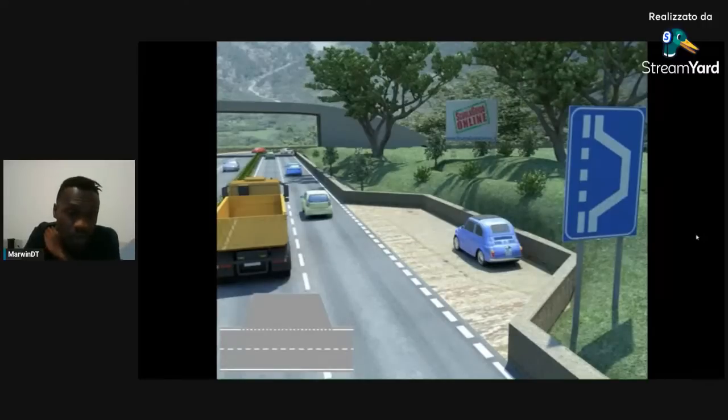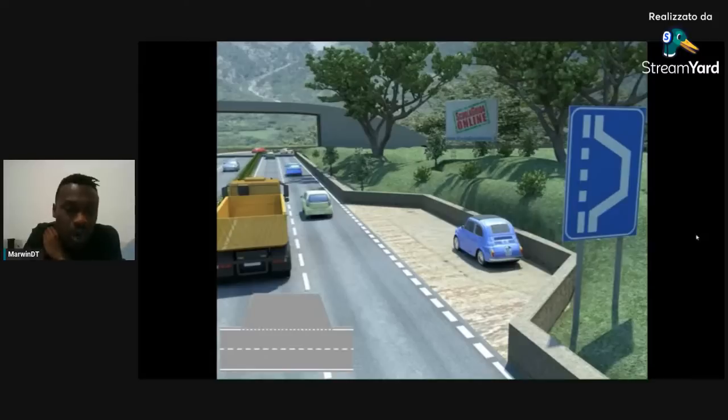Piazzola di sosta is where we can park for a few hours and then do what? Continue our journey. Why are we parking there? Maybe there's a fault with your vehicle or you are not feeling well. It almost works like the corsia di emergenza. That's all. This one is blue because it is the tangenziale.